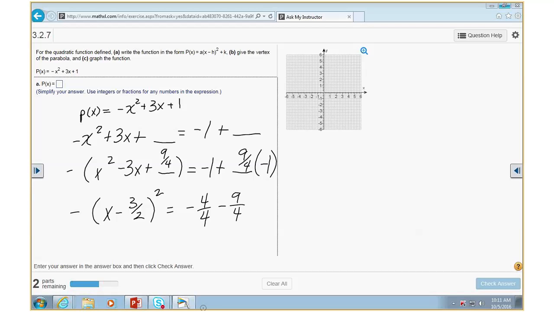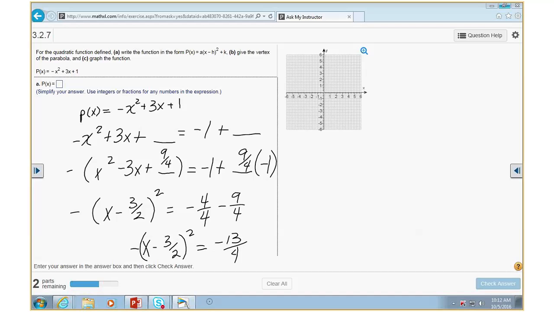9 over 4. So that's x minus 3/2 quantity squared is equal to negative 13/4. Now at this point you may think, oh well, it doesn't have x-intercepts. Yes it does, because you're dividing through by what? Negative, which will make this a what? Positive.